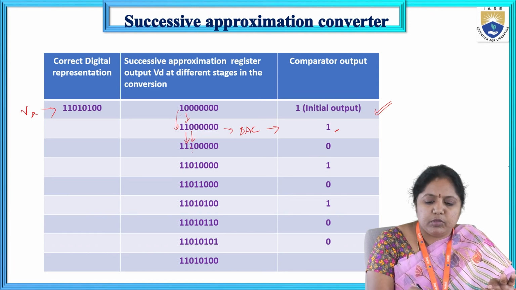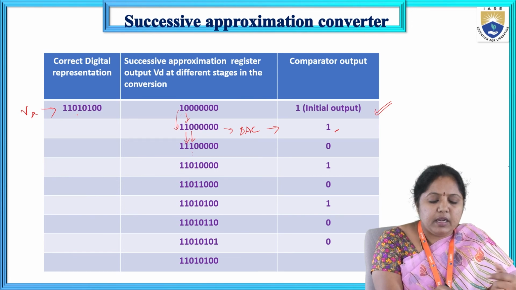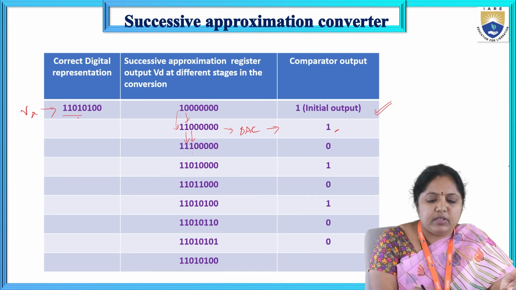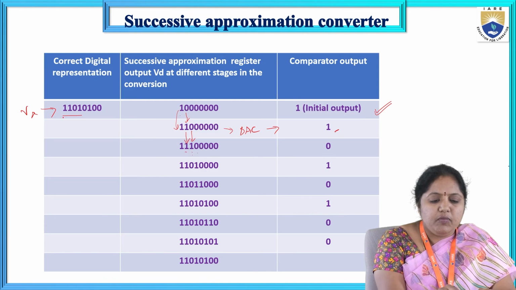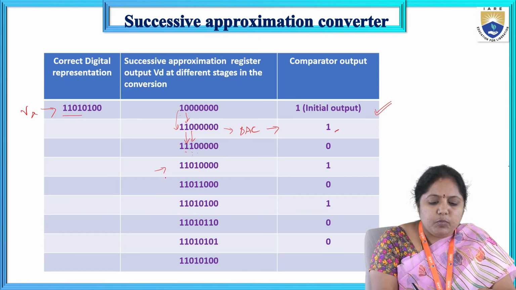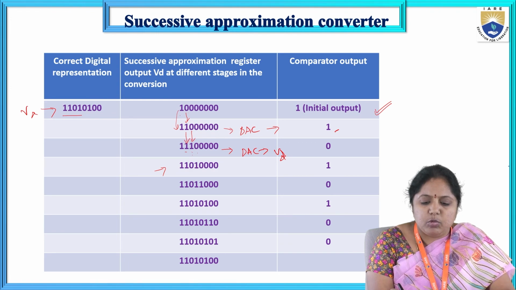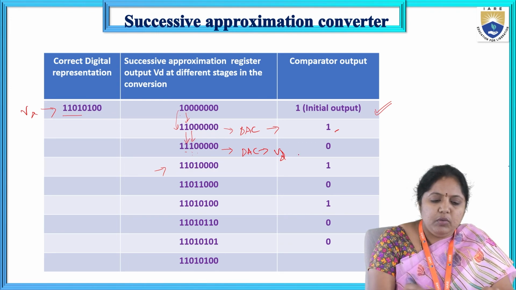So here, my required digital output is like this and this is the obtained one. Now if you observe the VD value here, the corresponding value will go again as an input for the DAC circuit. Definitely your DAC will generate the equivalent analog value greater than this VA value.